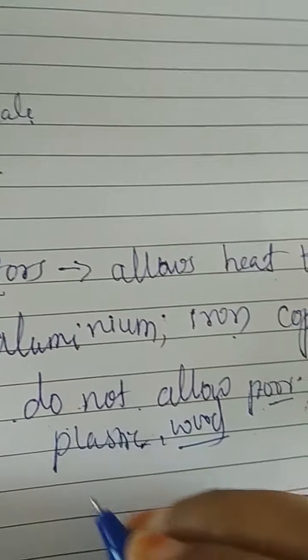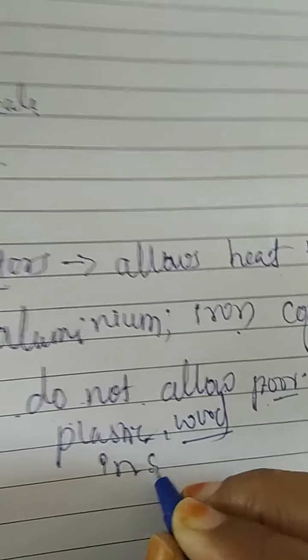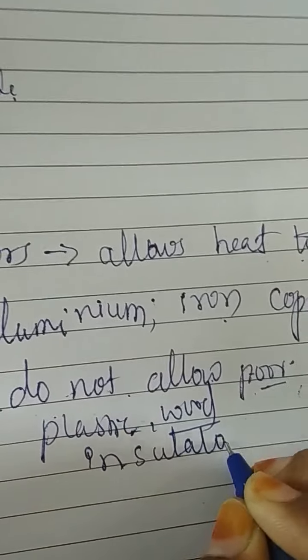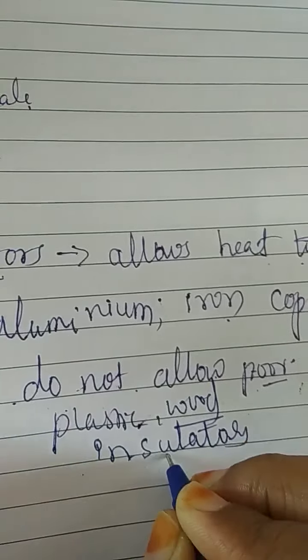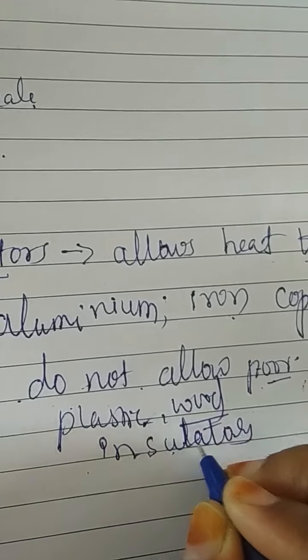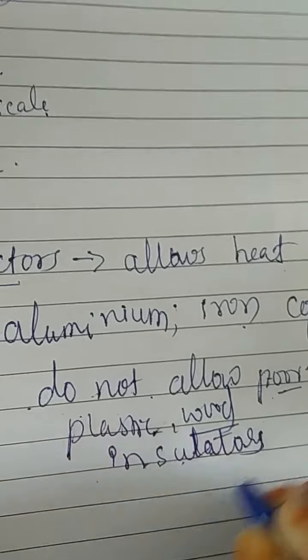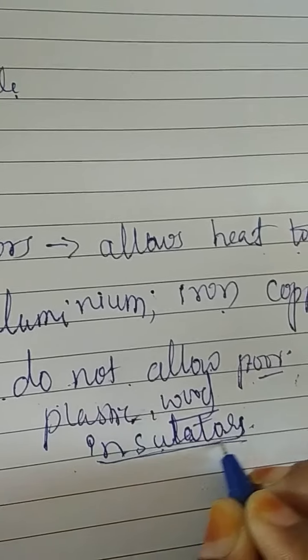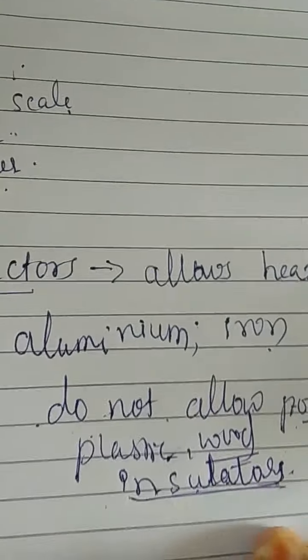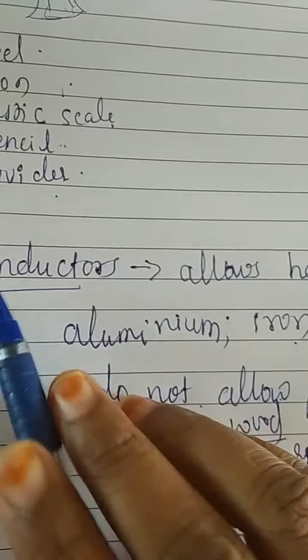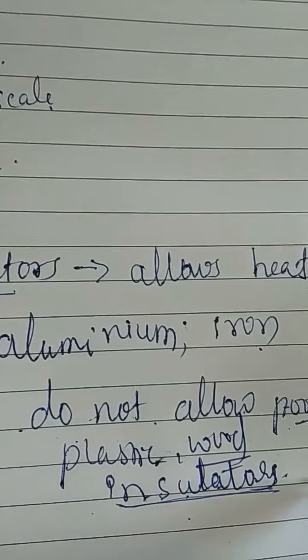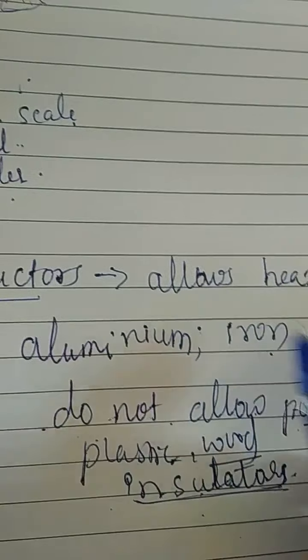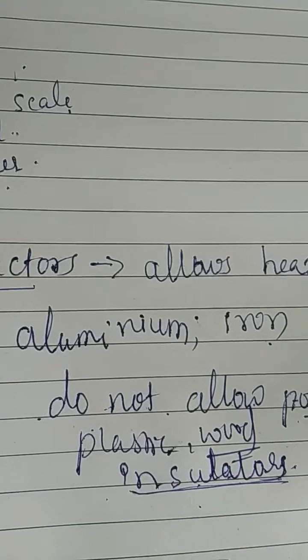Poor conductors are also known as insulators. I am telling you the spelling so you can recall it; you should not make spelling mistakes. Here two new words are there: conductors and insulators. Water and air are poor conductors of heat.